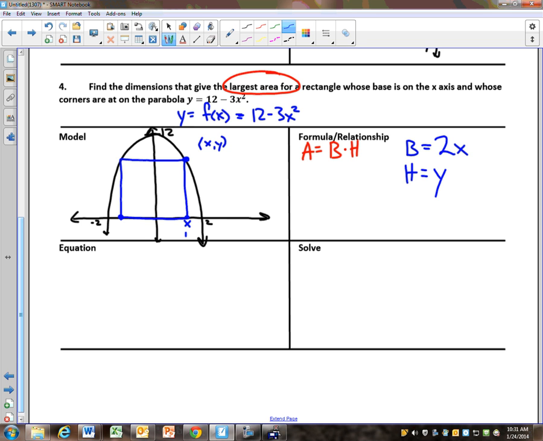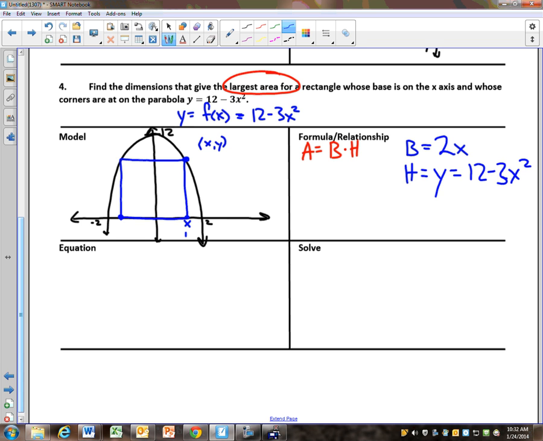You were 1 unit over, and you wanted to know how high that would be on the parabola. You would plug it in. 12 minus 3 is 9, so you'd be 9 units high. So if we have an x value, the way we figure out the height is we plug it into the function. Therefore, your height could simply be written as 12 minus 3x squared.